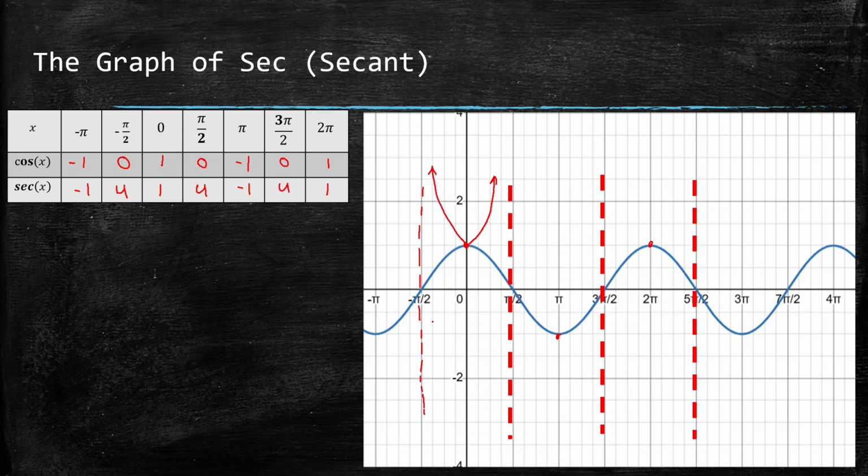If you have a stretch or compression vertically in here, remember that's not an amplitude for these. What you're looking at is this point right here at pi over 4. This value would be the inverse of this.